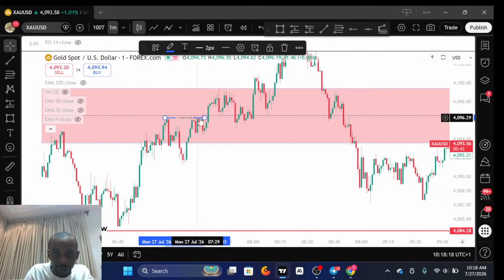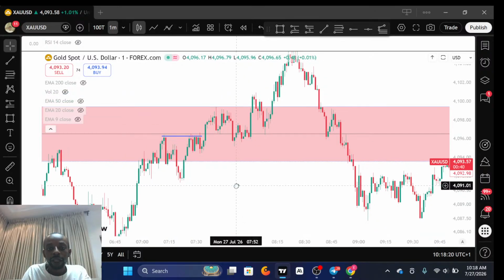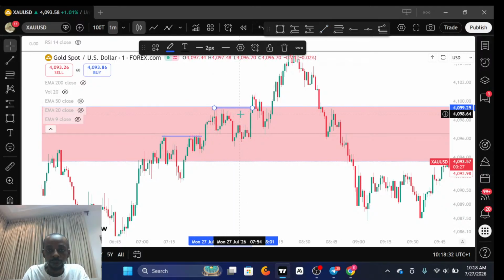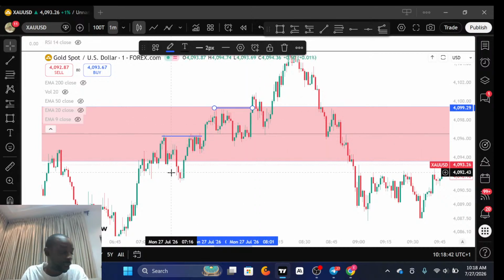When it broke this level, traders will know that okay, this market is ready to go up. So it came down again, broke this level. Once it has broken this level, they call it higher high, higher low. While SMC calls it a break of structure, a retrace to the other block, a break of structure.